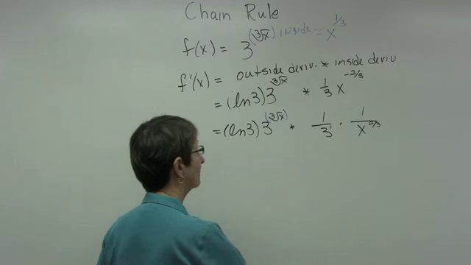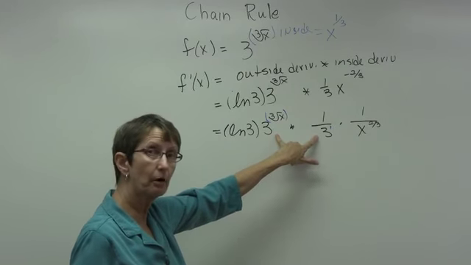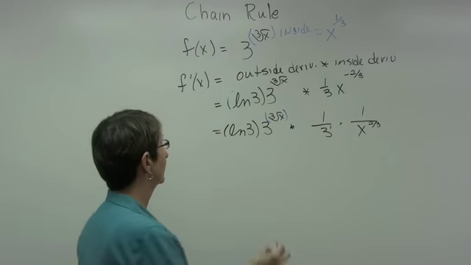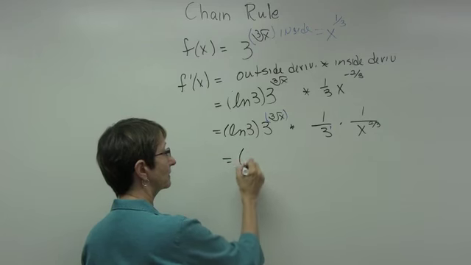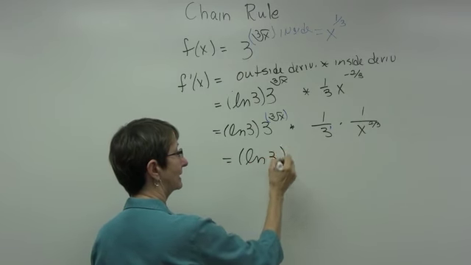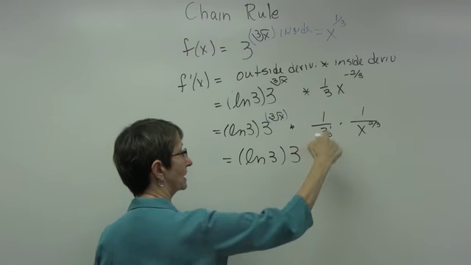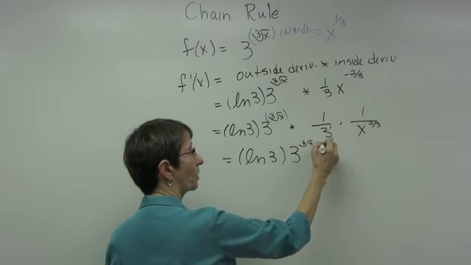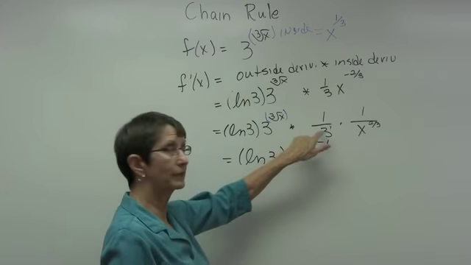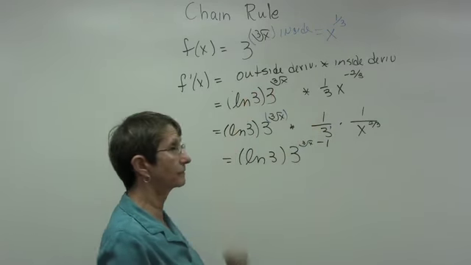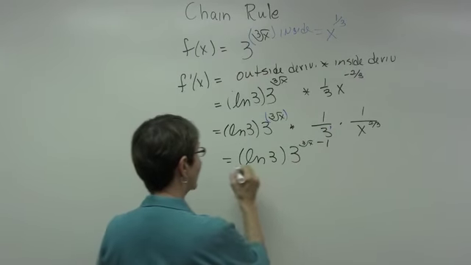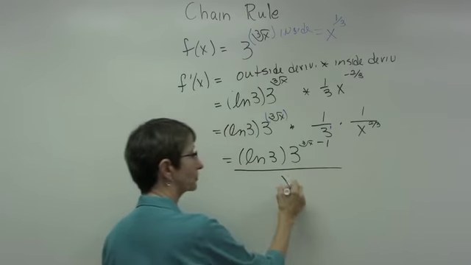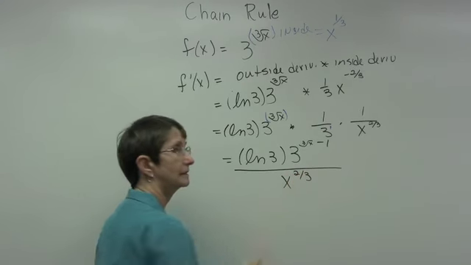You can actually combine these two because they are both base 3. So I can write my derivative as ln of 3 times 3 to the cube root of x minus 1, because the 3 that's in the denominator comes up to the negative 1 power. And then that x to the 2/3 is under everything.